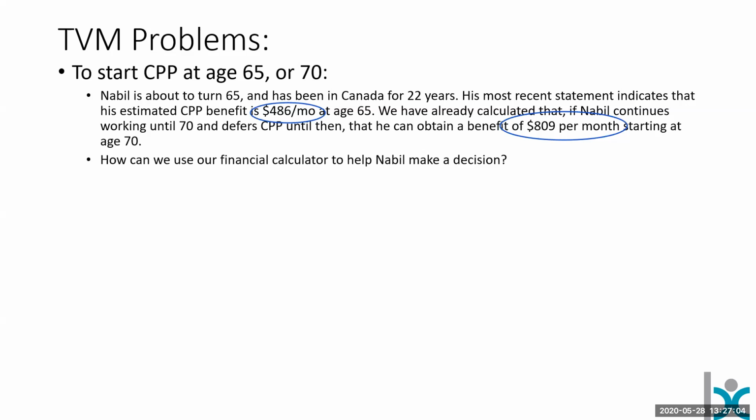So clearly the $809 a month is more than $486 a month, right? Would everybody agree with that? Okay. However, what does he have to sacrifice to get the $809 a month? So what's he sacrificing to do this? Okay, he's going to go 5 years without the 486, right?